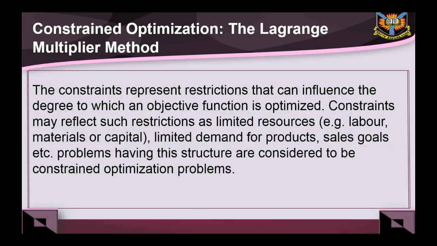Constraints may reflect such restrictions as limited resources, e.g., labor, materials, or capital, limited demand for products, sales goals, etc. Problems having this structure are considered to be constrained optimization problems.